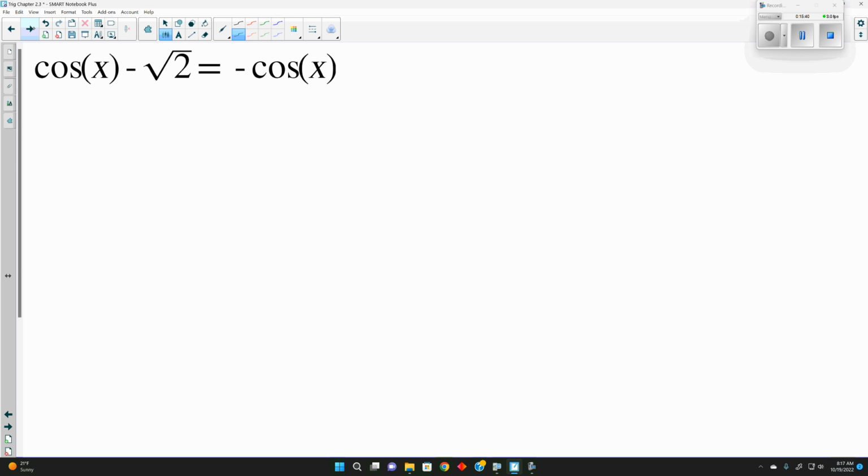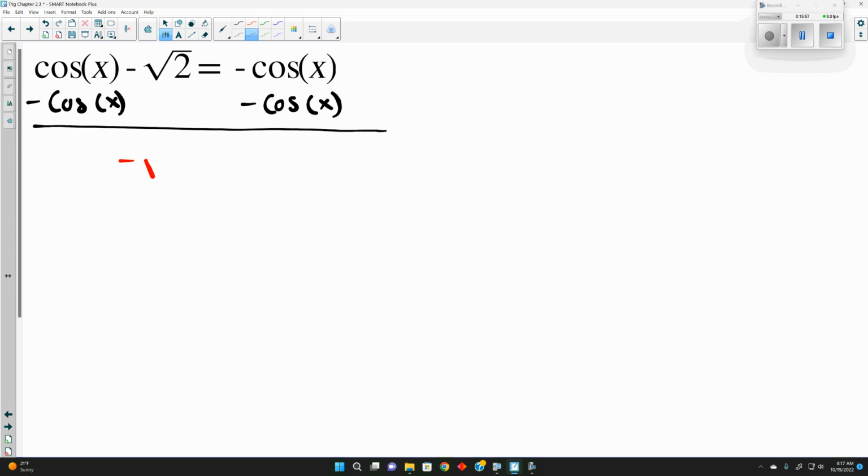Cosine of x minus the square root of 2 equals negative cosine of x. Well, again, we can do the exact same thing we just did. We can subtract cosine of x from both sides, which will tell us that negative square root of 2 is equal to negative 2 cosine of x.